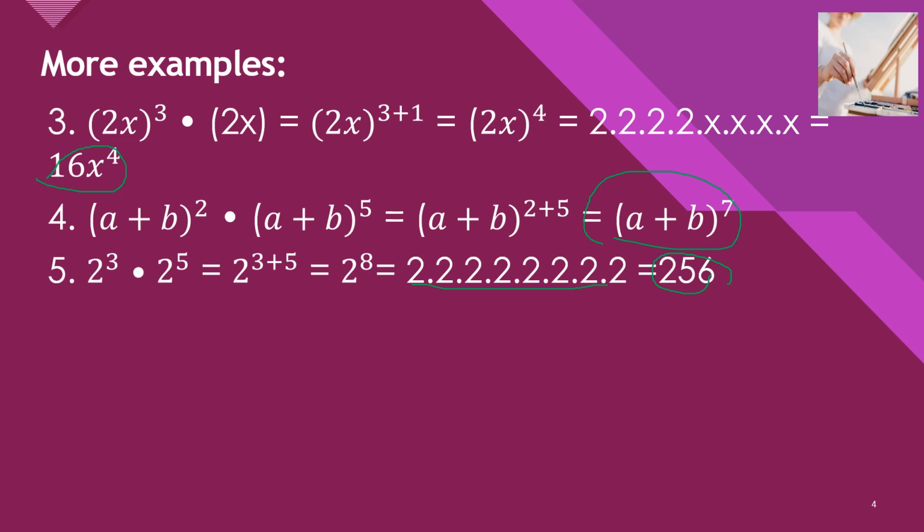Okay? So we remember that they should have the same base. Exponents are no problem, but the base should be the same. Okay, next. 2 to the 4th times 2 to the 5th, plus is 9. So 2 raised to 9 is 512.